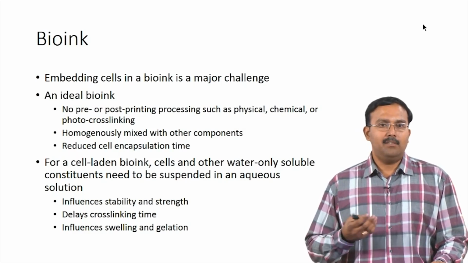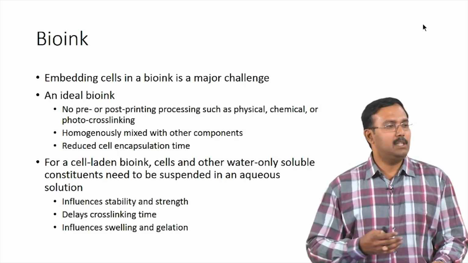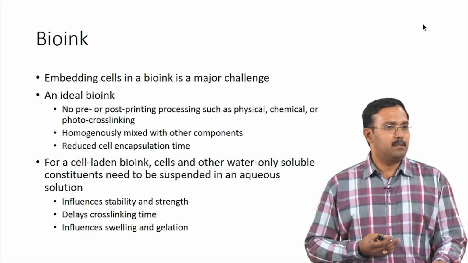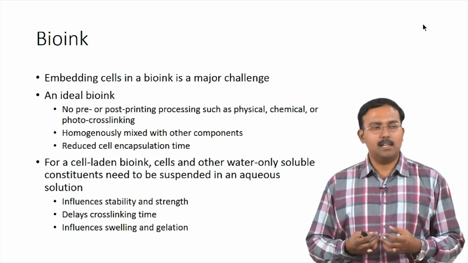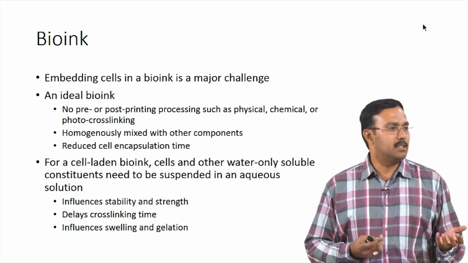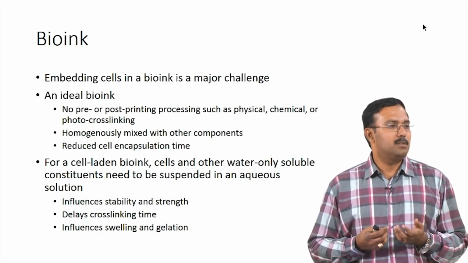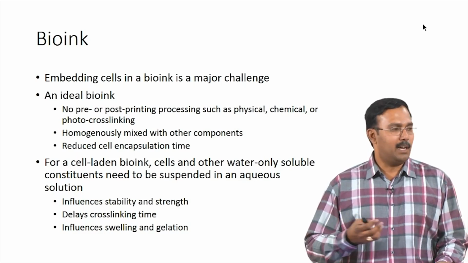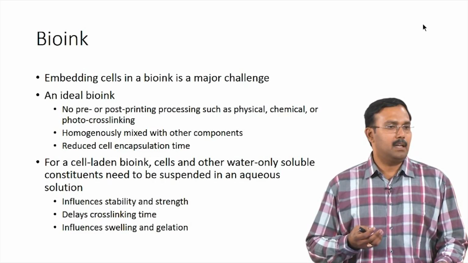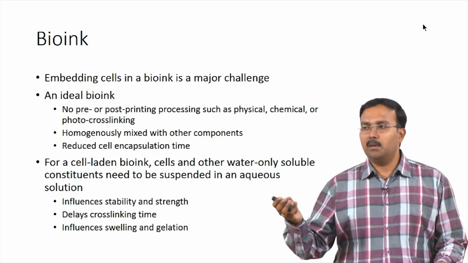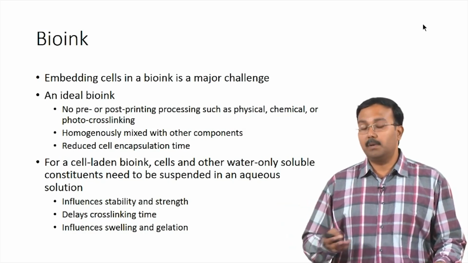So, you need to have a material in which everything can actually be homogeneously mixed, because you might end up with something which is viscous, right. These inks are not going to be like aqueous solutions, these are going to be viscous solutions. Which means you need to have an ability to disperse things homogeneously. Otherwise, you are going to have them loaded in one part and it is not going to print uniformly or print the way you expect.